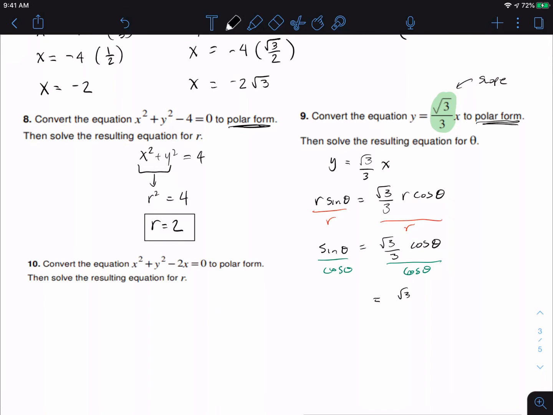So that side will become radical 3 over 3. And then what is sine over cosine? Correct. So we get tangent theta. Now from here you could do tangent inverse of it, or you could look at your unit circle and we see that theta is pi over 6. And that is our equation. Are we okay with that?